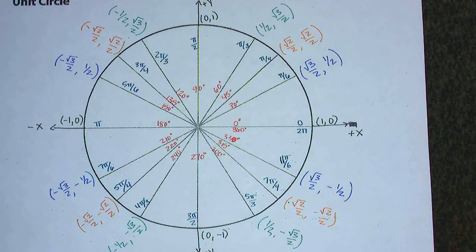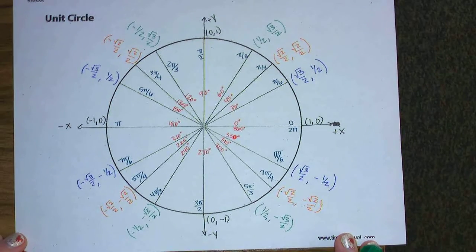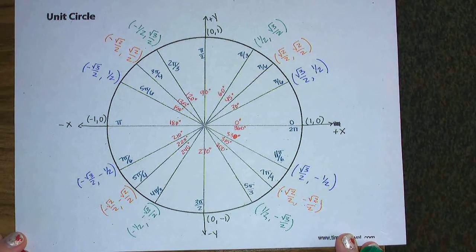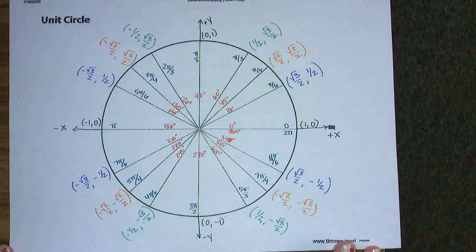Okay, so I'm going to zoom back out one so I can put the tangent values on here. If you know this stuff, it's easy to find the tangent. How would I find the tangents of each of these? Sine over cosine, or y over x.